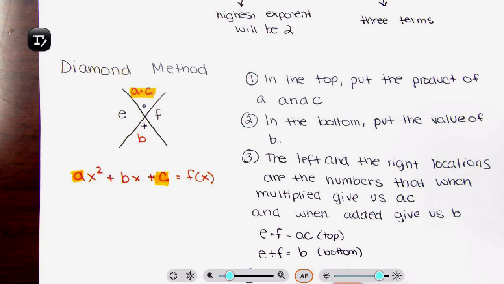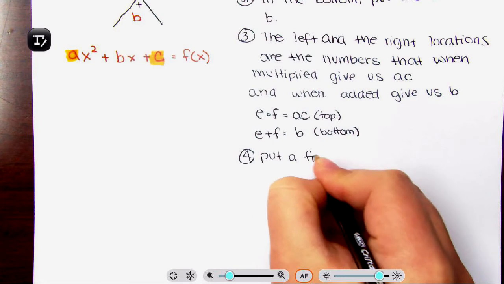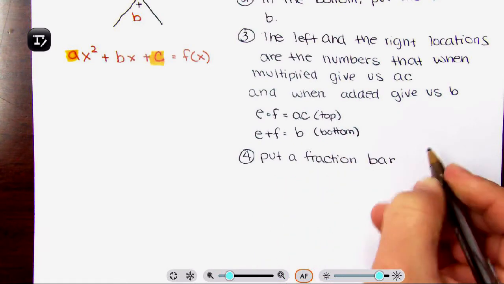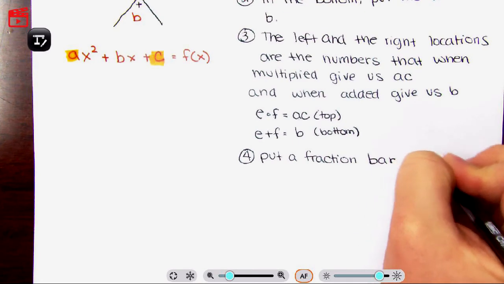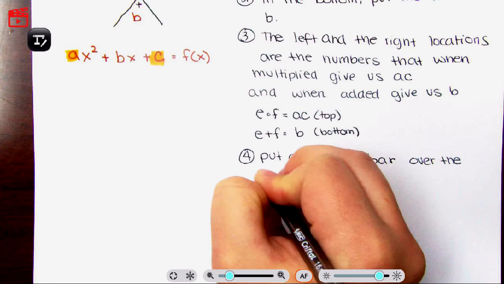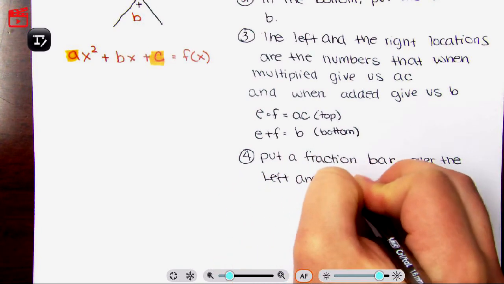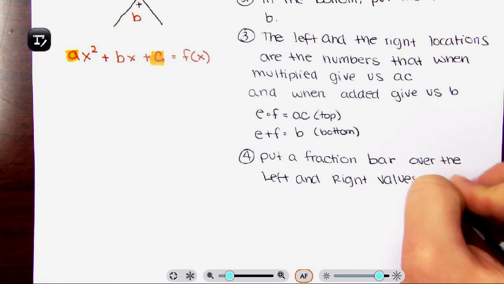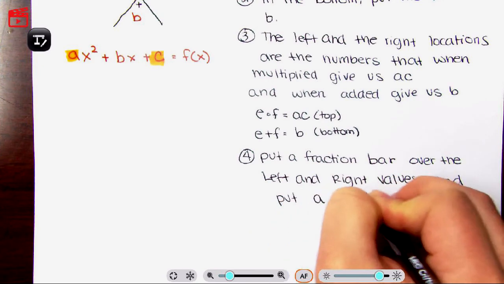This is where things are going to change for you. Step number 4, put a fraction bar over the left and right values, and put A on top.